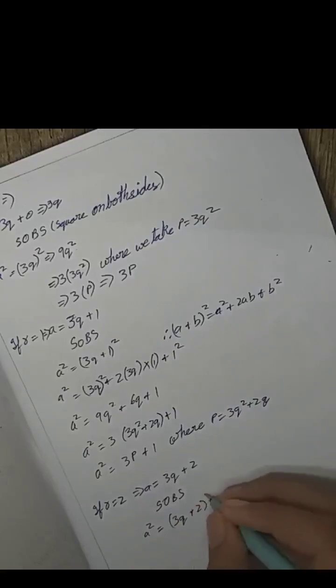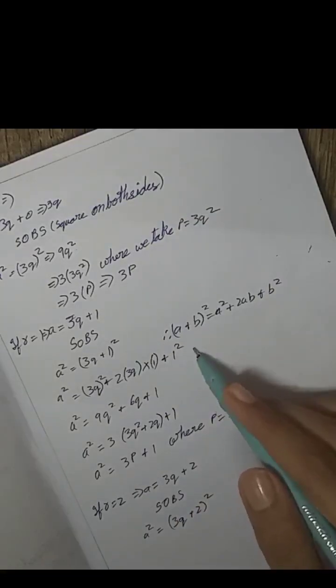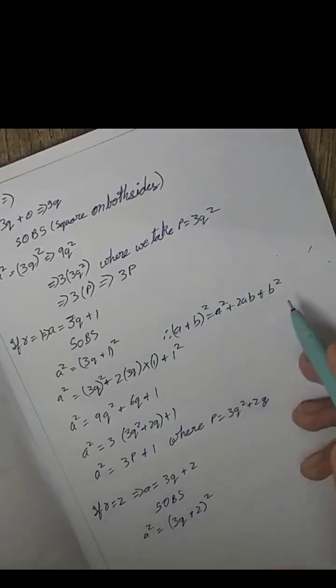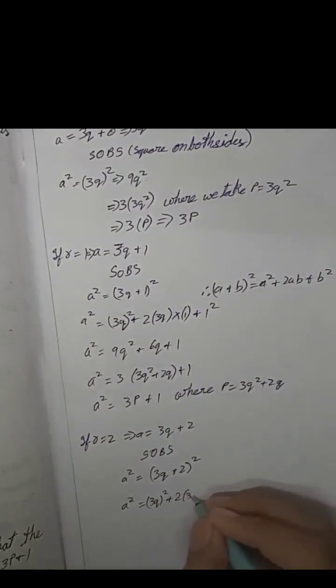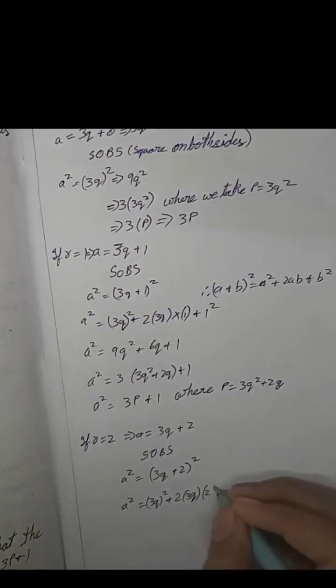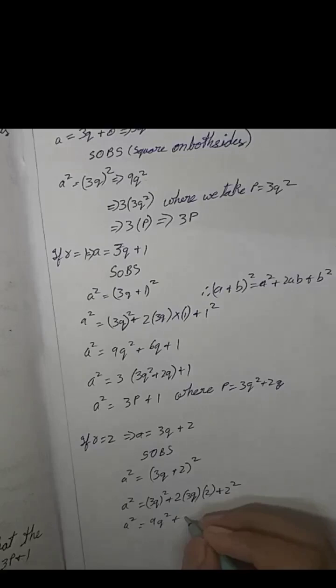Again we have to apply the same formula: a plus b whole square is equal to a square plus 2ab plus b square. a square is equal to 3q whole square plus 2 into 3q into 2 plus 2 square. a square is equal to 9q square plus 12q plus 4. Here 2 3s are 6, 6 2s are 12, 12q.